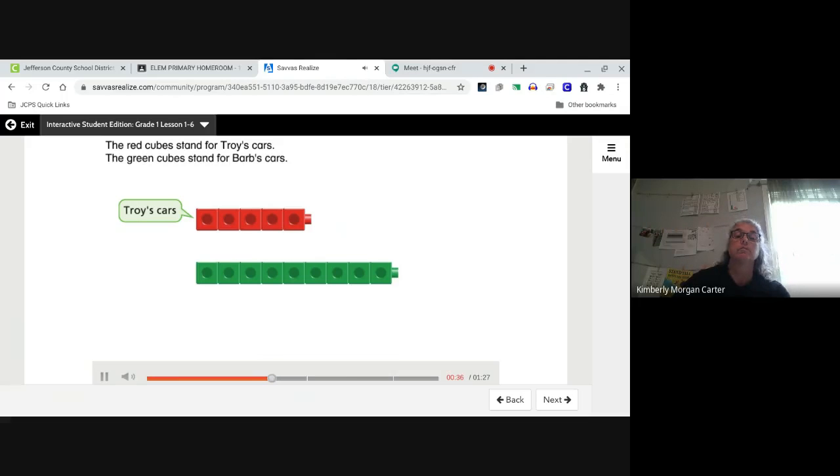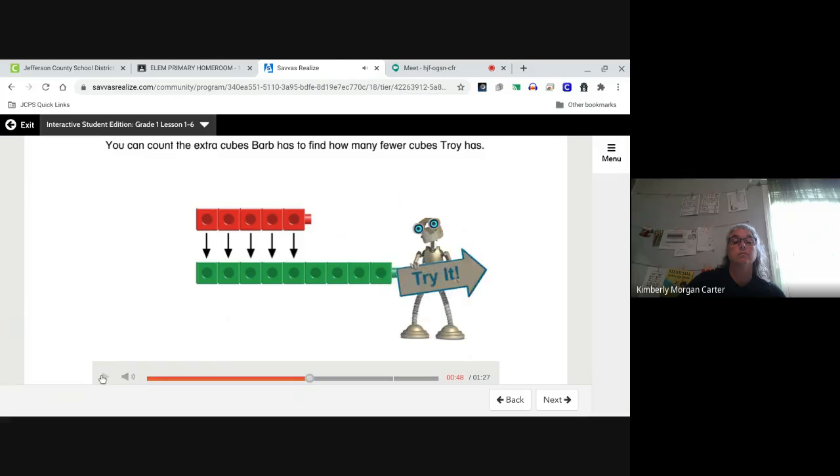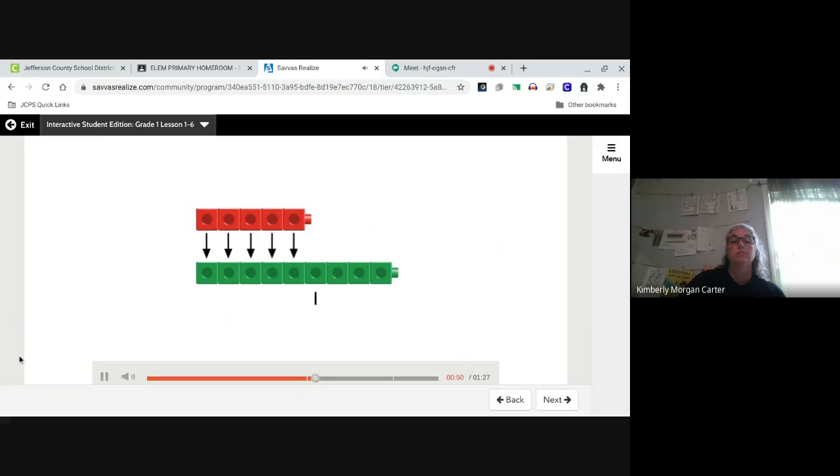The green cubes stand for Barb's cars. You can count the extra cubes Barb has to find how many fewer cubes Troy has. 1, 2, 3, 4. Troy has 4 fewer cars.